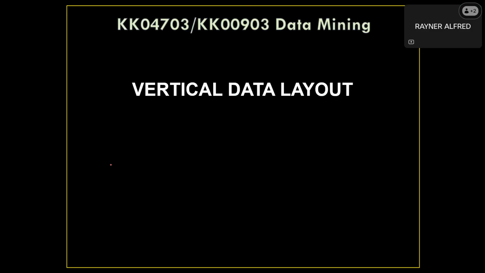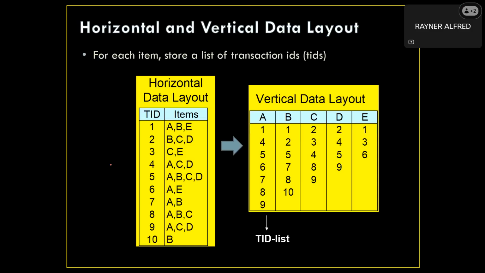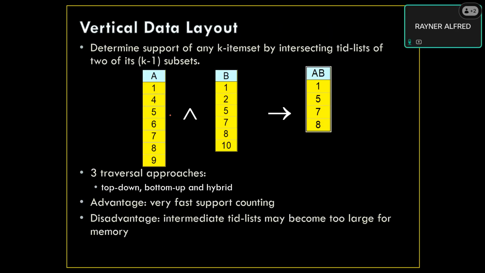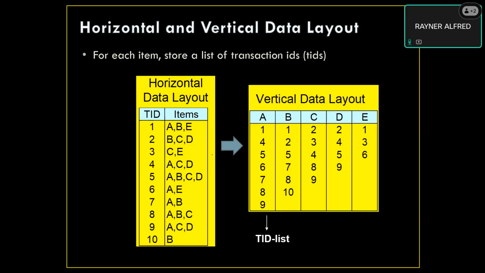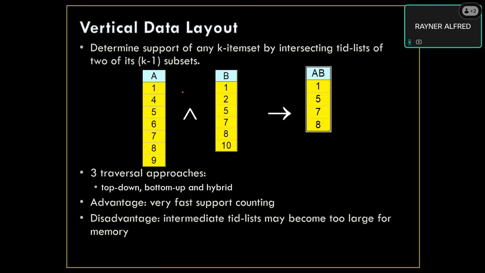Okay, we also have this vertical data layout. For example, like this, I think from the previous slide. Basically, if you want to look at A and B, we want the number of transactions that contain A and B. So we are looking at the matching transaction IDs.